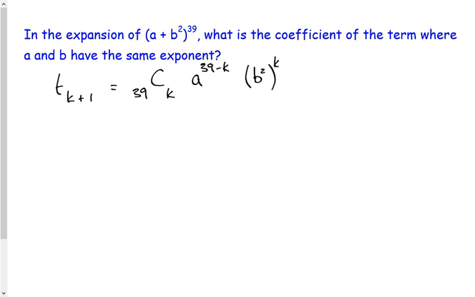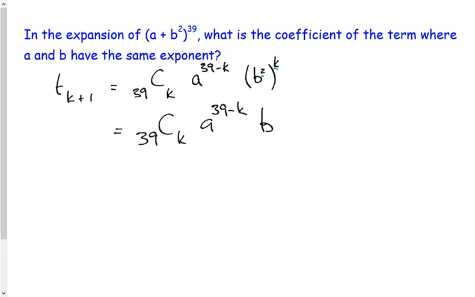Anybody have a tip? What could I do? Yes. Yep. Yeah, so let me just do one more line. So since here I have a power raised to an exponent, I multiply those exponents.